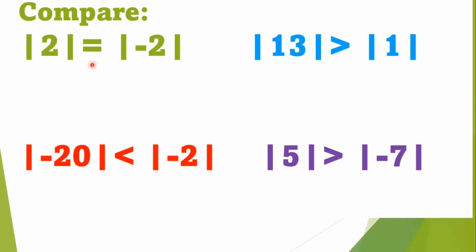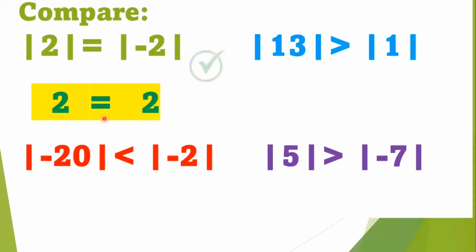Is it correct or wrong? Let us check. Okay. As you can see, ang absolute value ng positive 2 is 2. At ang absolute value ng negative 2 is 2. So, magkapareho lang. Then, our number sentence is correct.